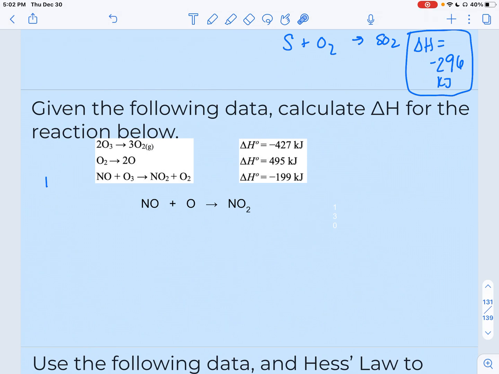So I can go to the second one. We have O, single O by itself. It's only in one place here, and it is in the overall reaction. So that means I'm going to have to flip this one and multiply by 1/2. And so my delta H will become this.